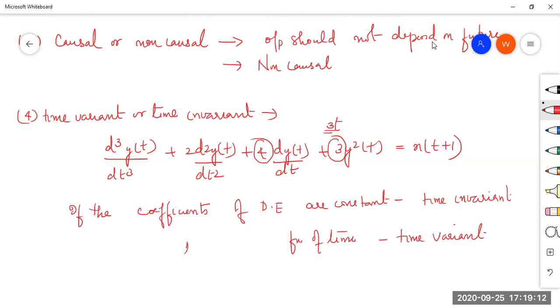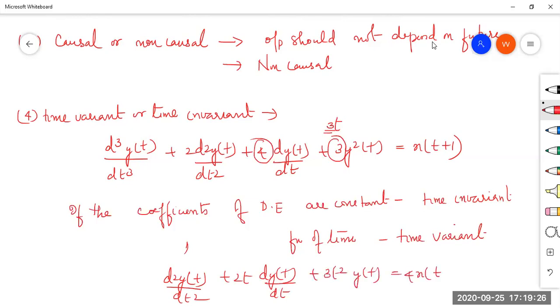For example, if you have a differential equation d square y of t by dt square plus 2t dy of t by dt plus 3t square y of t is equal to 4x of t. Now you see this has a t term here, so this particular system is time variant. So this is how we can directly check whether the given differential equation is time invariant or time variant.